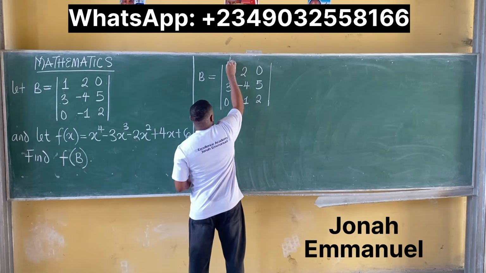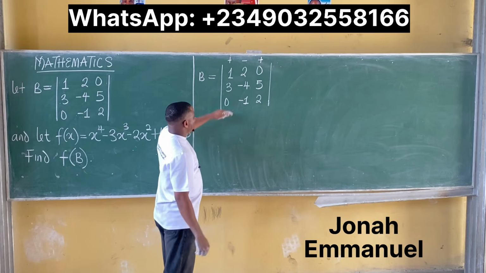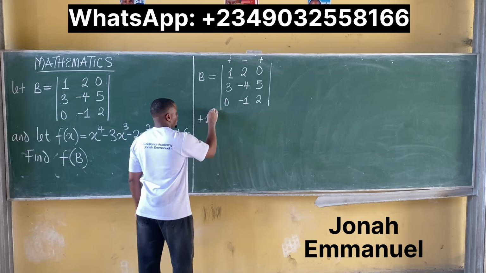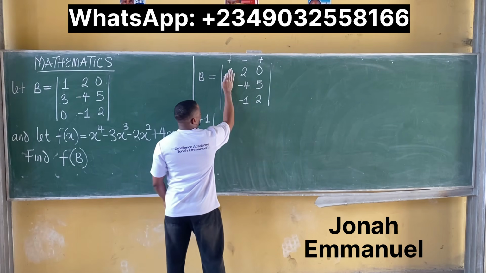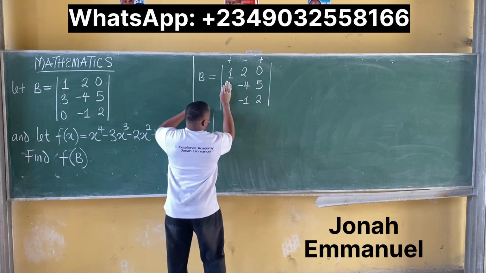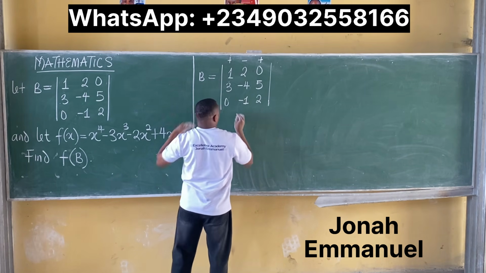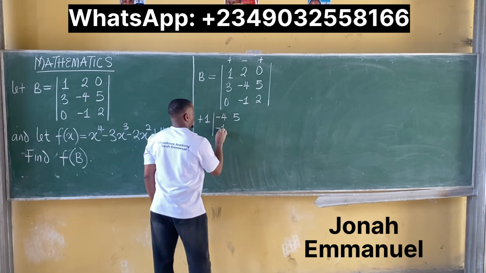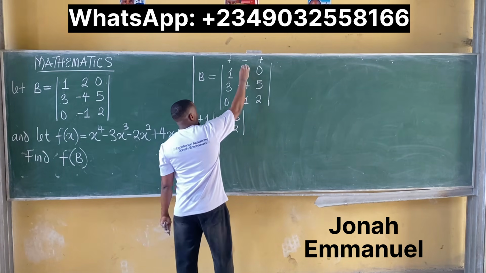So I'm having plus 1 into, for 1, cover the row and the column of 1. You have minus 4, 5, minus 1, 2.